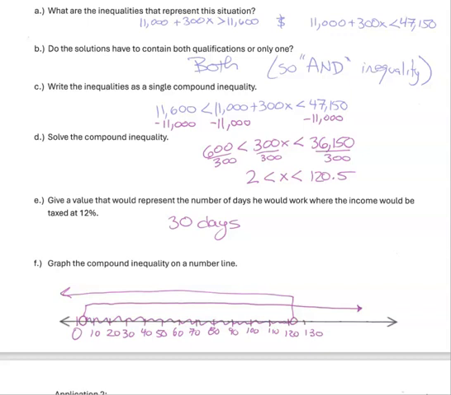We said that it has to have both of those characteristics to be a solution. So it only makes sense that and problems are going to have overlap. So you can see where the two arrows were overlapping. I went over and shaded the number line. And any one of those numbers on the number line is going to represent a solution, a number of days where the income coming in would be taxed at 12%.